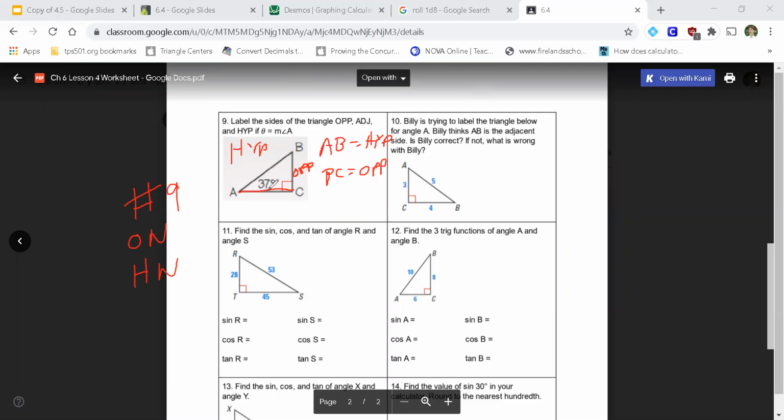This leg is touching our angle A, so it is the adjacent. And again, in Google Docs, you could write that AC equals ADJ.